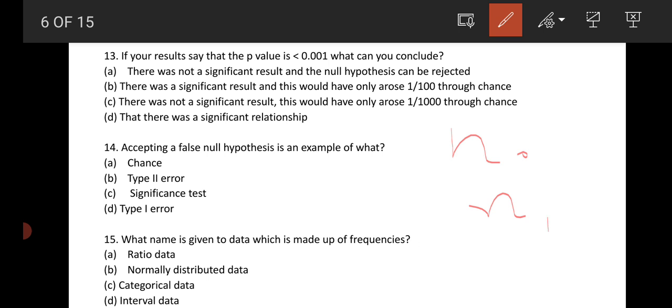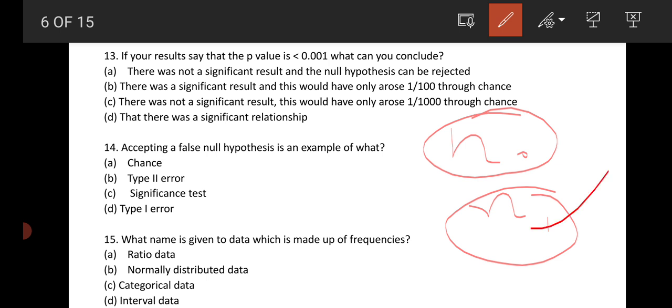If the p-value is less than 0.001, then it says something about the null hypothesis. From among these options, the answer is that this would have only arisen 1 in 1000 through chance. Null hypothesis true.